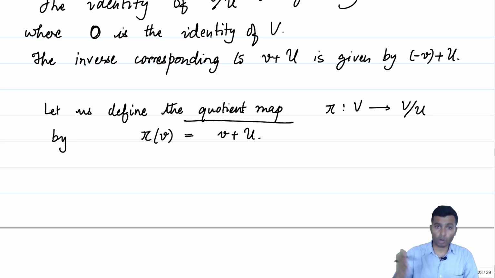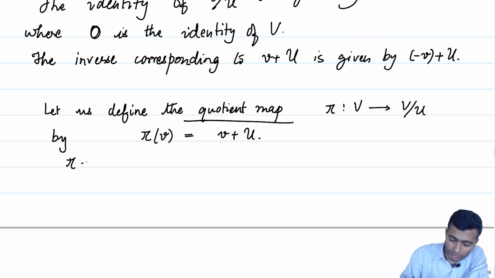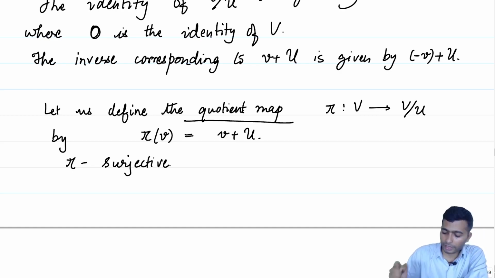Pi is certainly a map onto V mod U if you carefully observe. Pi is a surjective map and it is an easy check, or maybe I will just check it for you.